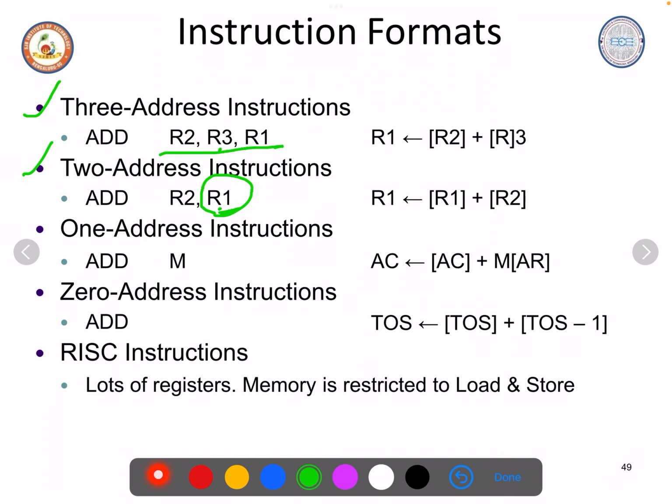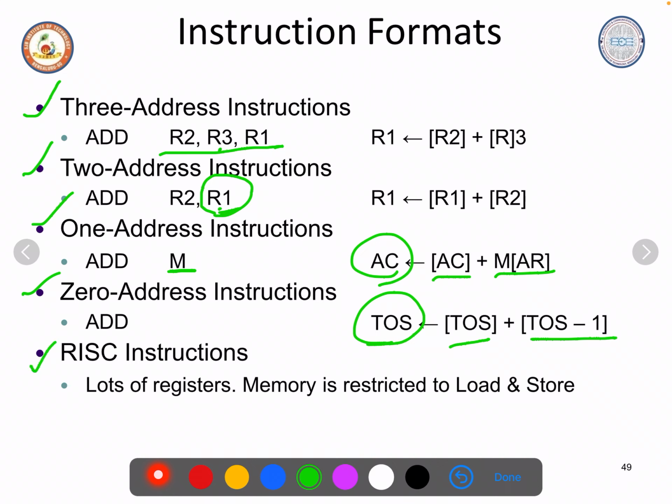If it is a one address instruction, then the content of a memory location is the operand, and for the other operand, if they didn't specify anything, it should be the accumulator. The content of memory is added with the accumulator, and the result is again stored in the accumulator. If it is zero address, it is usually meant for stack operations. The top of the stack and the top of the stack but one, that means below that, are added, and the result is stored in the top of the stack.